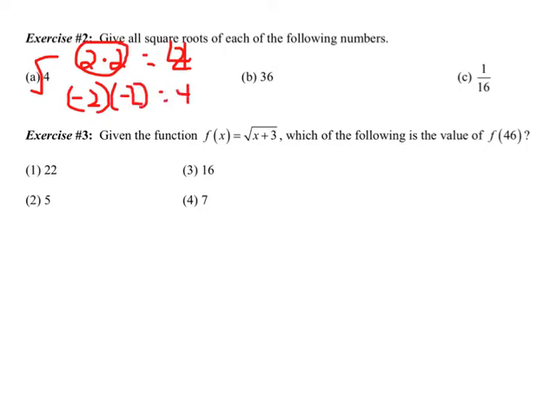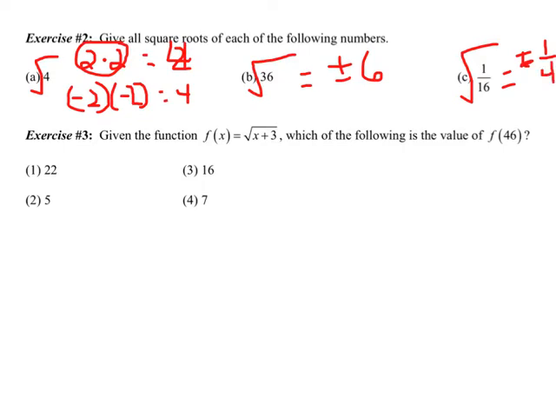You can either display them separately like that, where I got 2 and negative 2, or in B, if I take the square root of 36, I get plus or minus 6. So 6 times 6, or negative 6 times negative 6. And fractions, once again, don't be afraid of them. Take the square root of 1/16, you get plus or minus. The square root of 1 is 1, and the square root of 16 here is 4. So you get plus or minus a quarter.